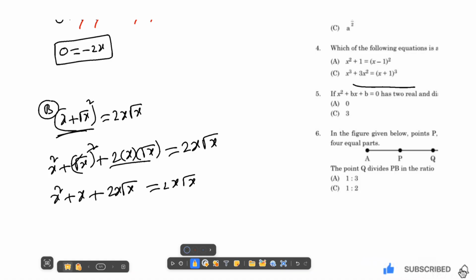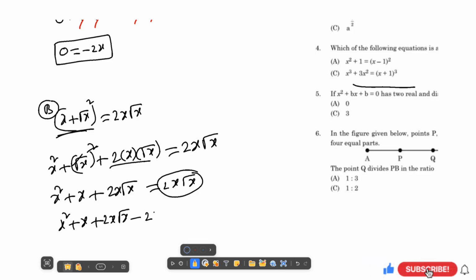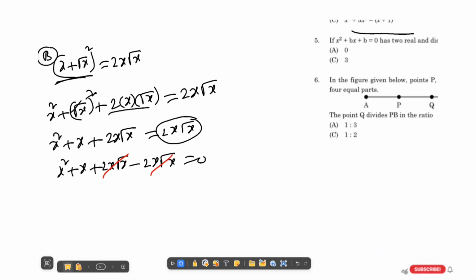If you bring the right side 2x root x to the left side, what does it become? x square plus x plus 2x root x already on the left side. If you bring the right side things to the left side, it becomes minus 2x root x equals 0. Now this one gets cancelled. Now what do we have?